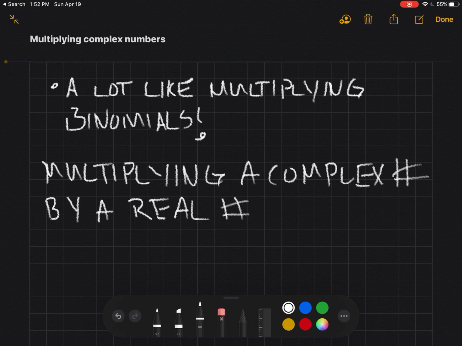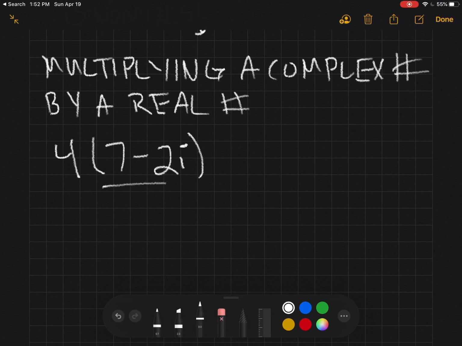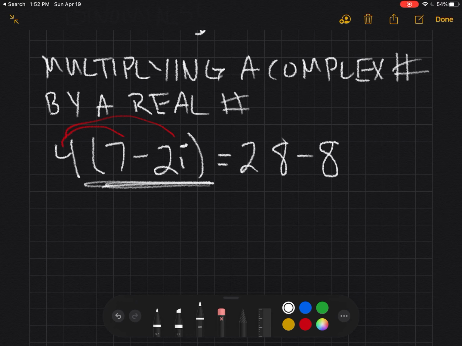All right, so let's start off with multiplying a complex number by a real number. So let's say that I had 4 times 7 minus 2i.